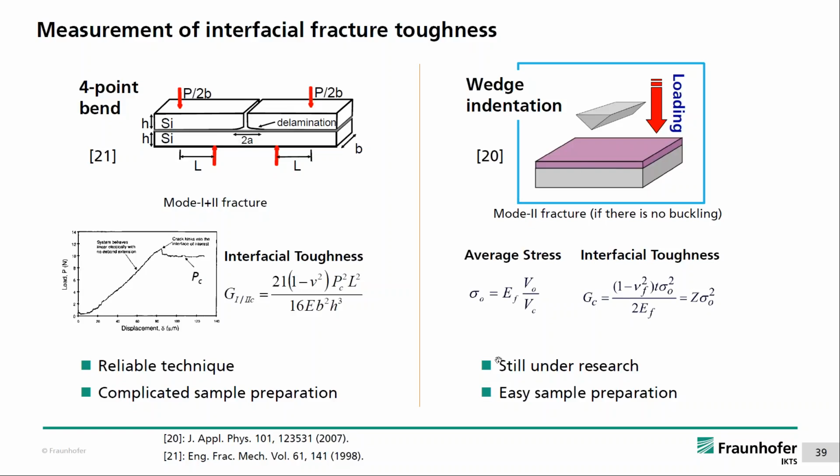And the wedge indentation is still under research, but the results are pretty good so far. And you have almost no sample preparation. As long as you have the film on a substrate, you can go. And it's done in a nano-indentation device. You just put a wedge tip there. And it's also local. It's much more local than this. So you can have a 6 micron wedge, and then you can have a very local measurement of your fracture toughness.